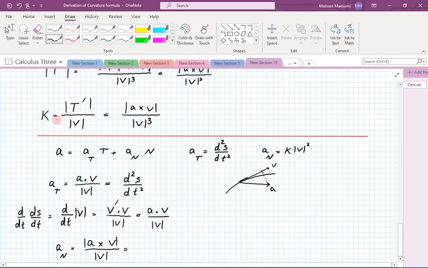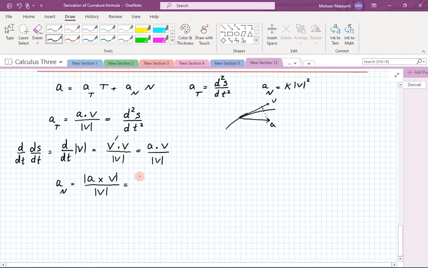A cross V is going to be K times V cubed. So I write this thing as K times V cubed, and this is just V. So it becomes K V squared.